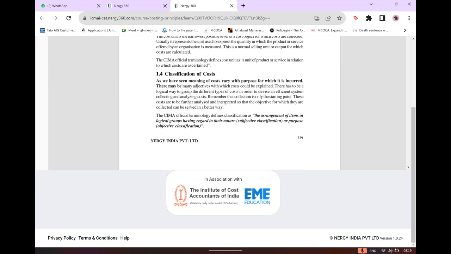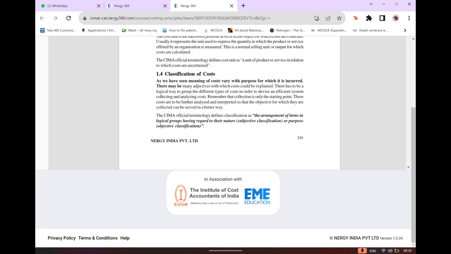So next we are going to the classification of cost. The CIMA definition: the arrangement of items in logical groups having their nature. If you classify it in the nature wise classification, then it is subjective classification. If it is based on the purpose of the cost, then it will become an objective classification.